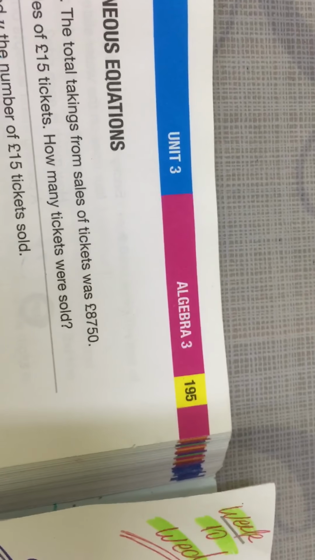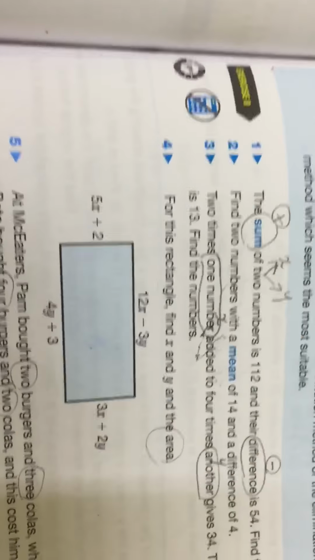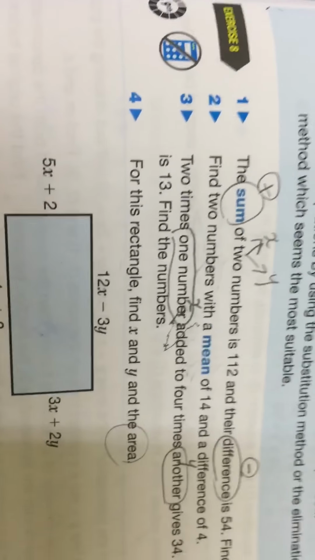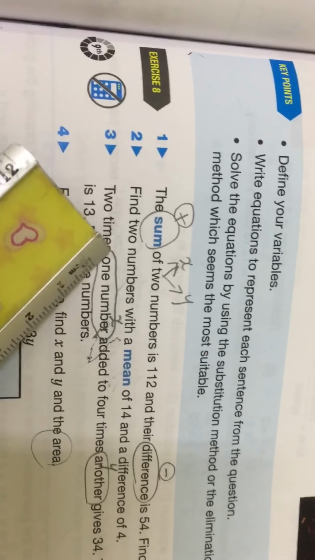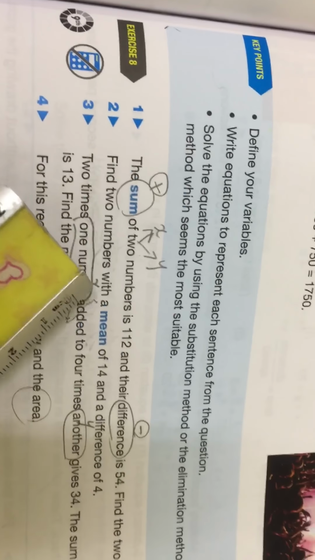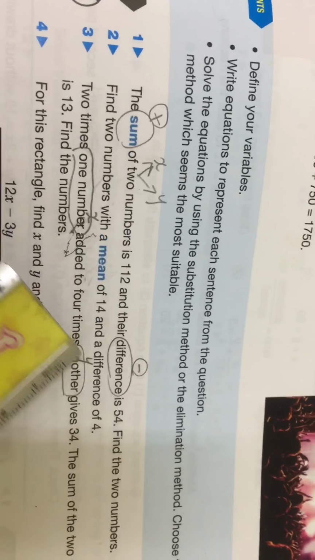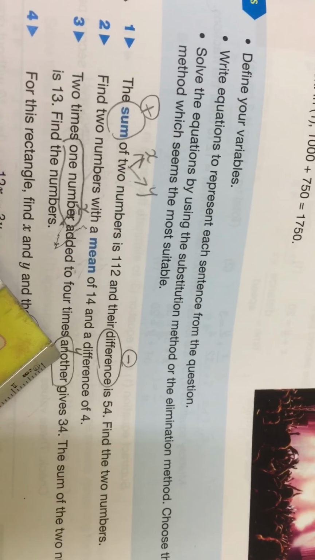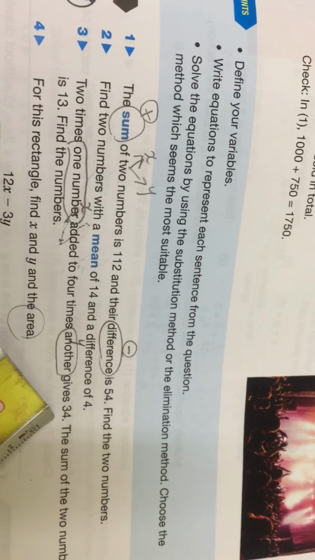Now question number 3. I am still in exercise 8, page 195. Exercise 8, number 3. Look carefully and read carefully. 2 times one number added to 4 times another number gives 34.